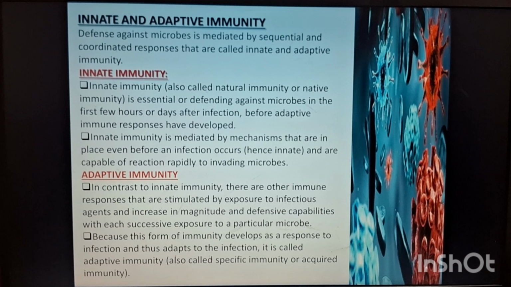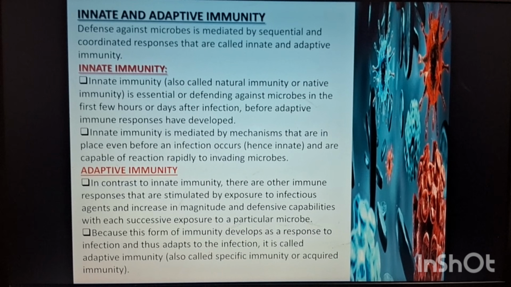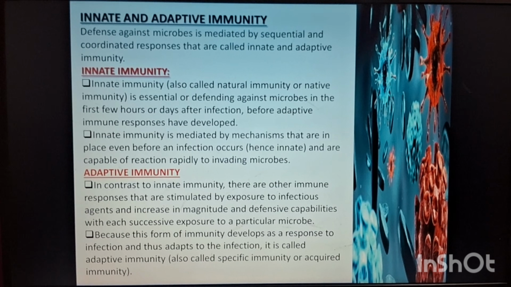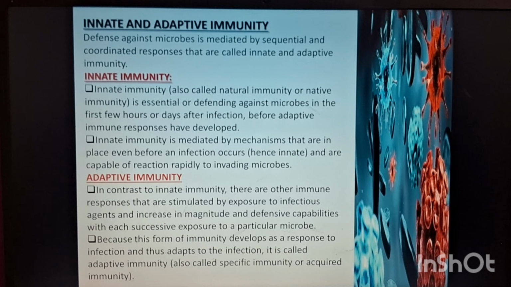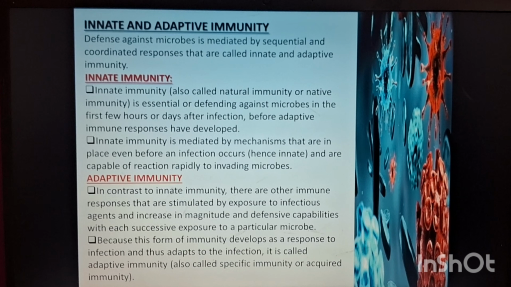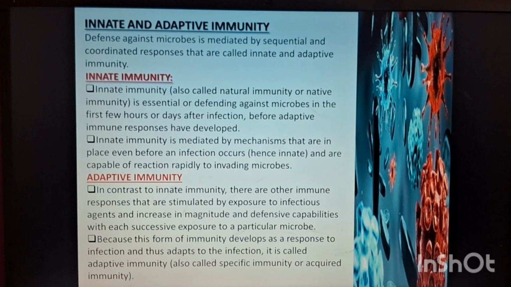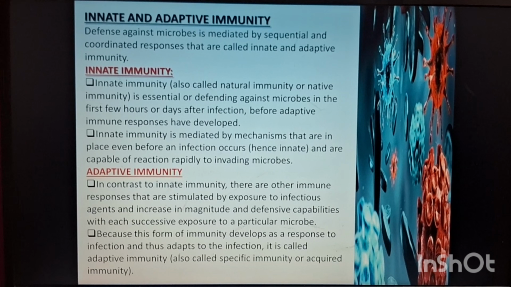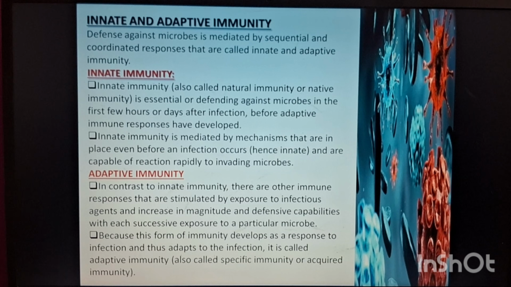Innate immunity, also called natural immunity or native immunity, is essential for defending against microbes in the first few hours or days after infection and before adaptive immune responses have developed. Innate immunity is mediated by mechanisms that are in place even before an infection occurs, and is capable of reacting rapidly to invading microbes.